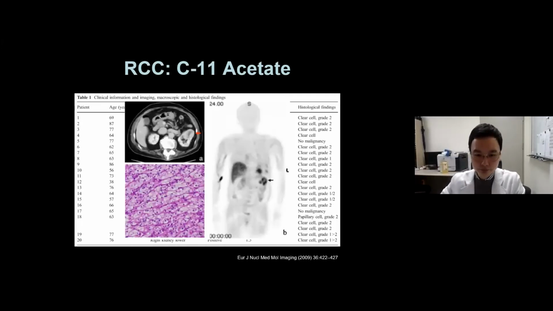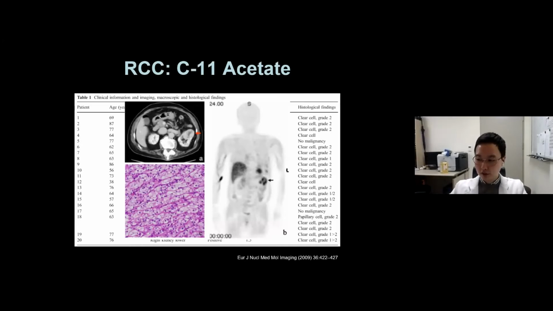And so you can see that of these 20 renal cell carcinomas, 19 were actually clear cell and only 1 was papillary. However, the papillary cell type, as you can see here, had a high SUV value of acetate uptake.